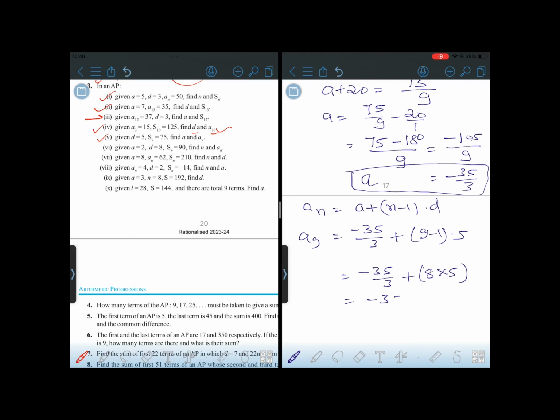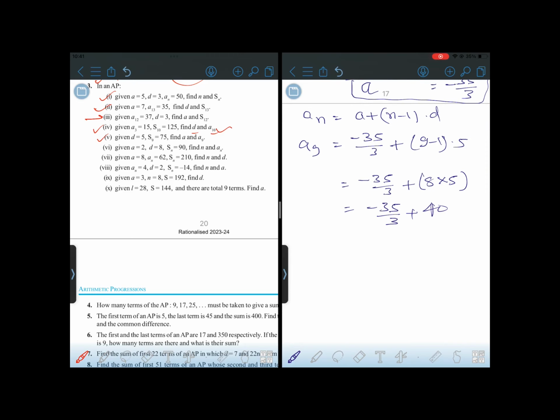That gives us minus 35 upon 3 plus 40. So now once you take the LCM of these numbers, that will give you minus 35 plus 120. Right, and then once you solve this, you will get how much? You will get 85 upon 3, right? So that is 85 upon 3. So now we have got the ninth term of the AP.